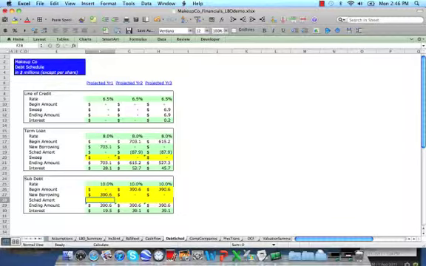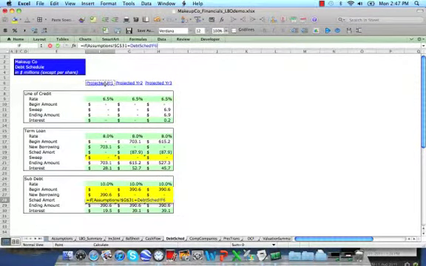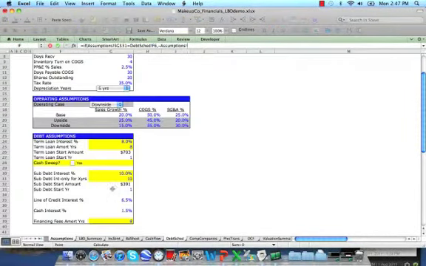Scheduled amortization. This one's a little bit different from what we did with the term loan because, as I mentioned earlier, the sub-debt is a non-amortizing loan. So it's out there, and then the year that we tell the model to, it just repays it in full. So the way we do that is if the year in which it's repaid is equal to the current year, then just have the negative opening amount.